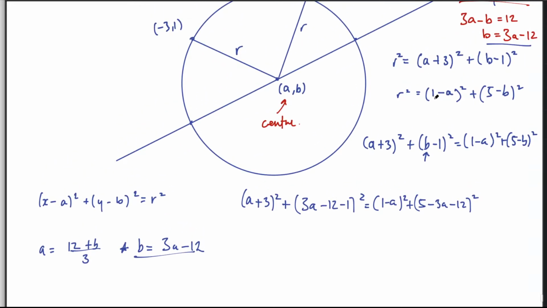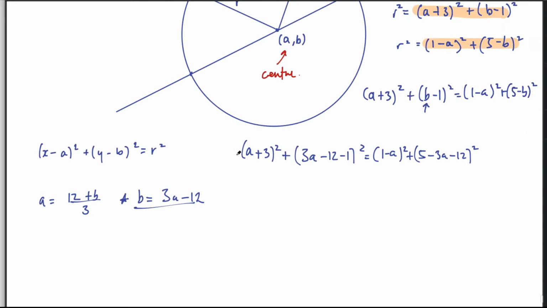And then I equated these two things because they're both equal to R squared. So I can say this, let's use a highlighter, this equals this, because they're both equal to the radius squared. And now I end up with this whole thing, which I need to go ahead and try to solve.